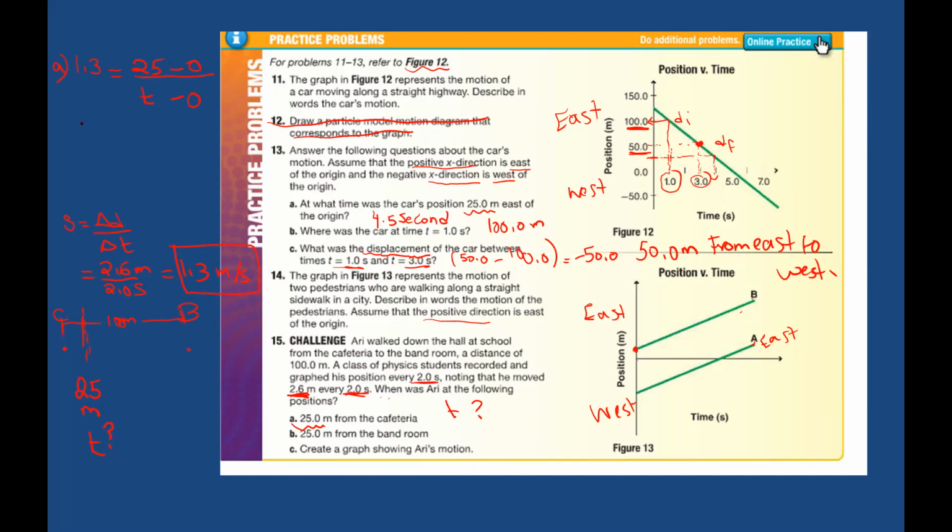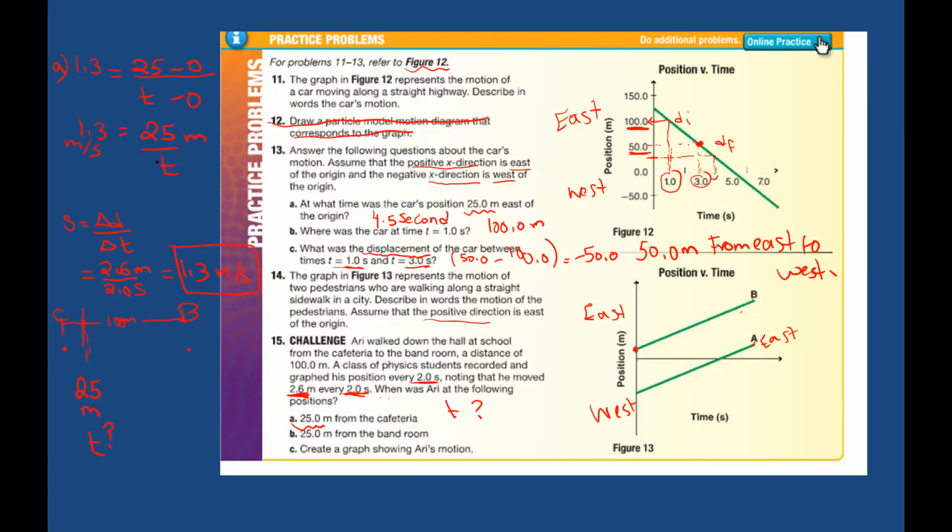So this becomes 1.3 equals 25 meters over T, and this is meters per second.